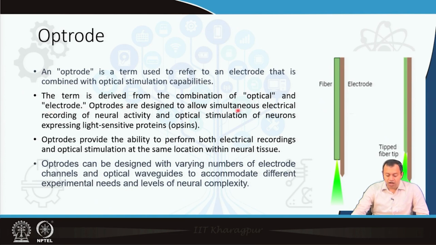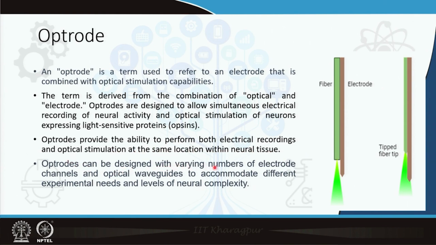Optrodes are designed to allow simultaneous electrical recording of neuronal activity. So, you send light and measure the electrical current or voltage through this metallic electrode, simultaneously. Optrodes provide the ability to perform both electrical recordings and optical stimulation at the same location within the neural tissues.